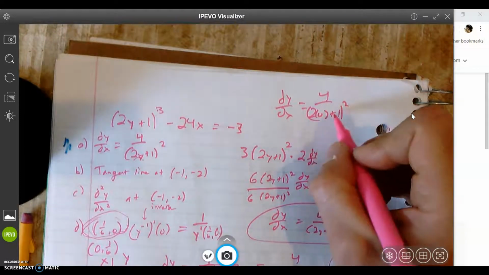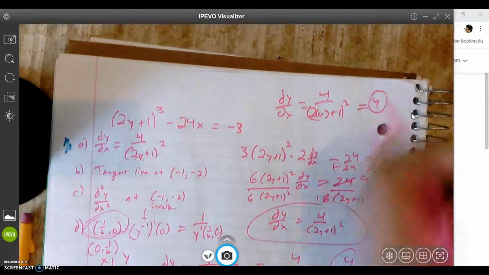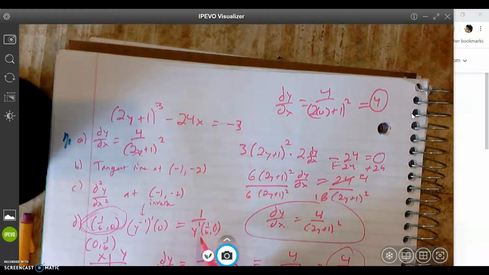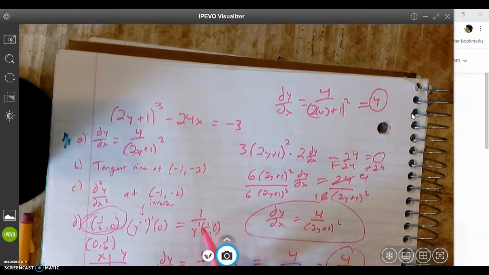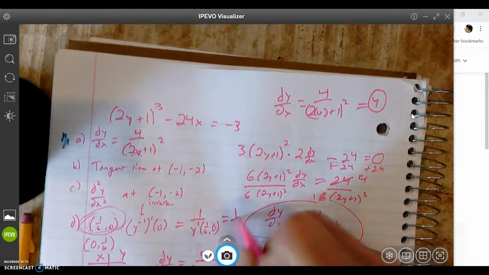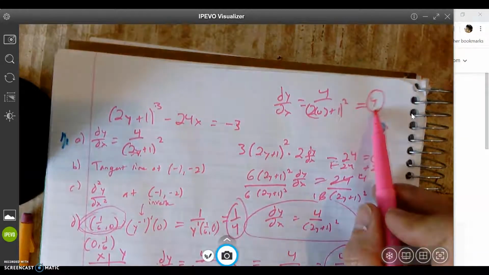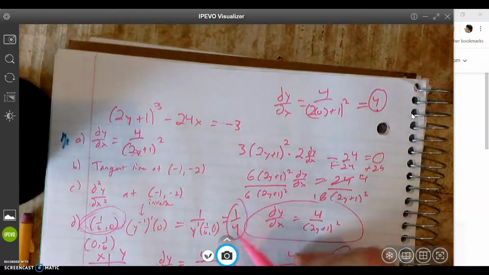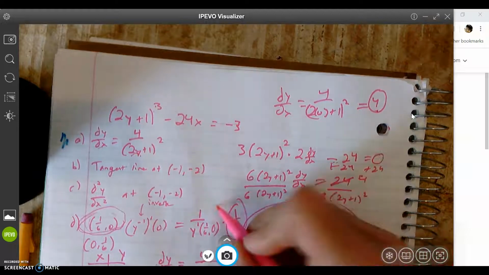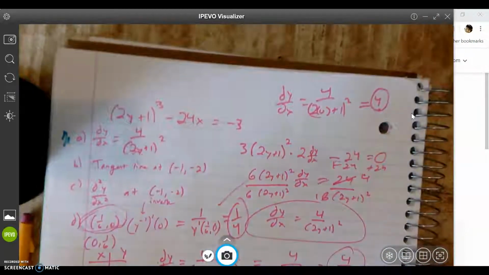That's 1 squared, so that's just 4. Boom. So the inverse is 1 over that derivative, so it's 1 over 4. So that would be the answer. The derivative is 4, and the inverse at that same point is 1/4. Cool, got it. All right, there we go. Good work, everybody.